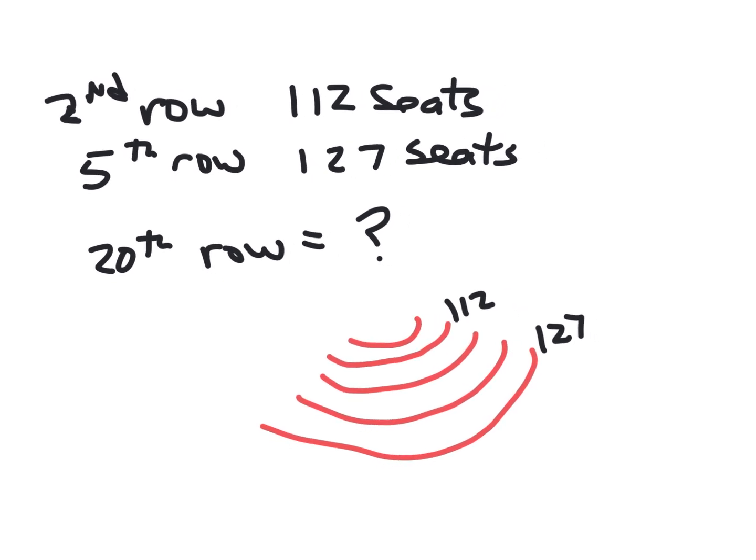And if you realize that you're just adding a certain number of seats each time, it's arithmetic, and we're not adding up all of the seats total, so it's not a sum, then here's your formula. And then all you gotta do is stick the numbers in the right spots.